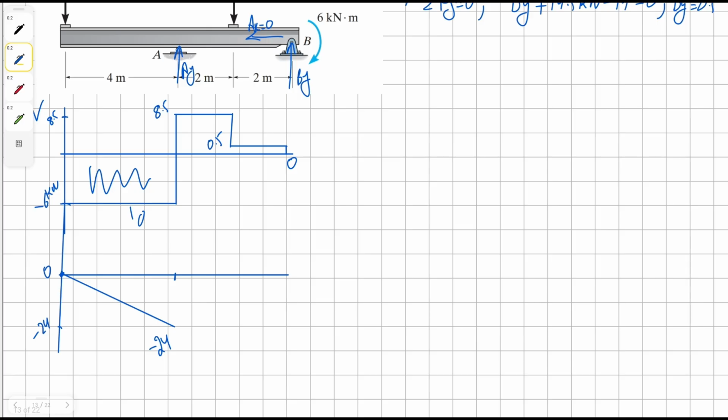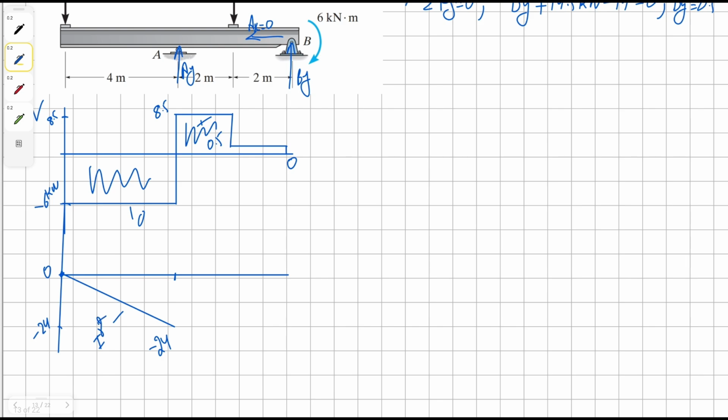Okay, and after this, we have our next area, which is simply 8.5 times 2. And this is in positive, so 8.5 times 2 is 17. So we're going to proceed 17 points up with our first degree slope.